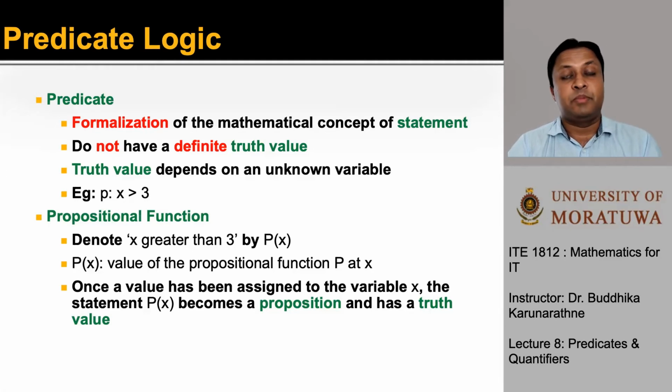So the predicate becomes a proposition and has a truth value. So for all the values of x, P(x) will have a truth value. Only when there is an assigned value will we have a truth value for this proposition, which is in this case P(x).